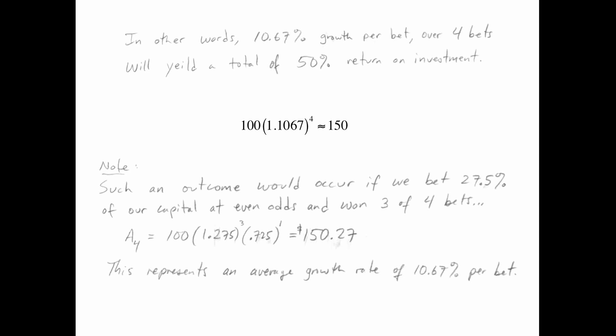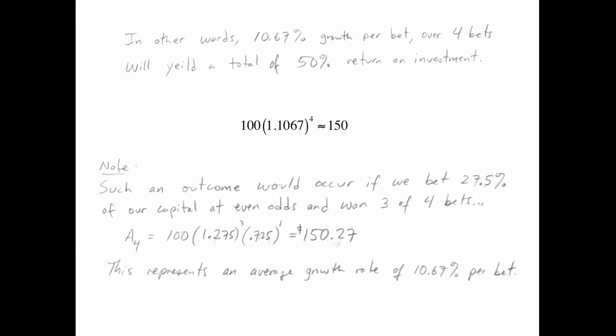So if you're betting 27.5%, you would get 27.5% increase because you're betting even odds, so you only get what you invested back as profit plus your investment, right? So that's a 27.5% growth in the account 3 times. But then you lose that one time, so that's a 27.5% loss. That means you would have 72.5% of your balance when that loss occurs. And so you multiply all that together and you hit about $150.